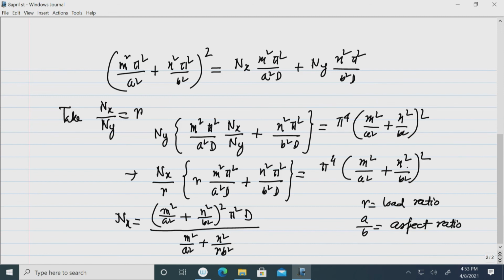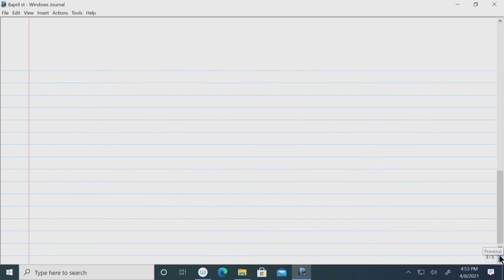Now, we have to solve a problem of a square plate. So, let us take this. For a square plate, a by b is equal to 1, and we have taken the load ratio as 1 for this problem, that is r is equal to 1.